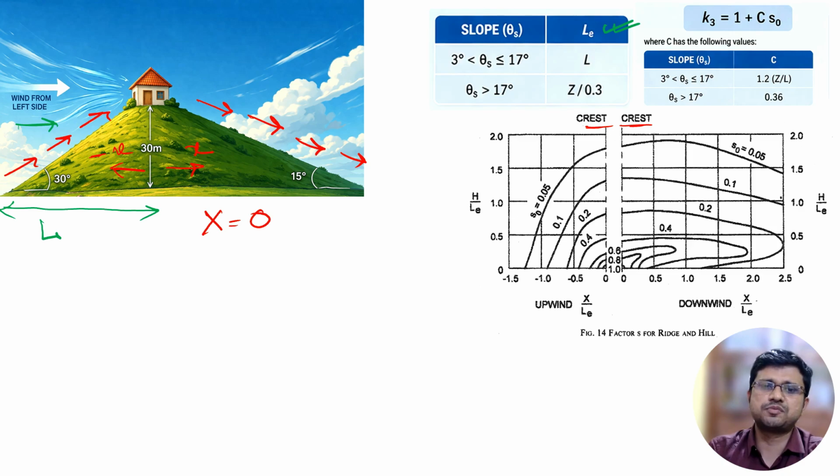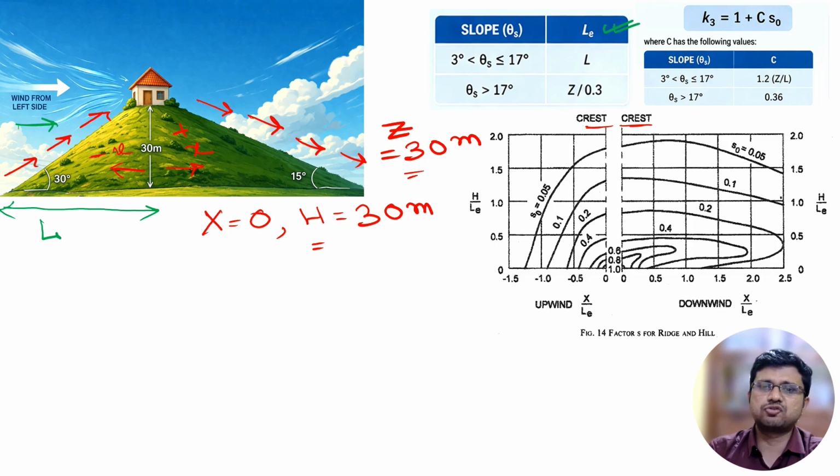Along the downwind slope it will be positive. So for our building x is 0. What is h? H is 30 meter. What is z? Z is also 30 meter. Here z equals h, because our building is located at the topmost portion of the topographic feature.